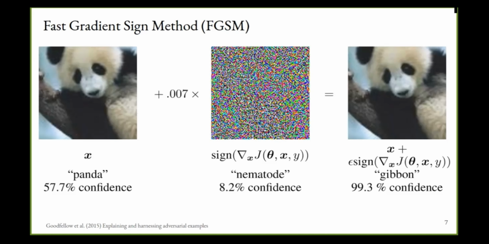But even more interesting, the normal example was classified as a panda with less than 60% confidence, while the adversarial example is now classified as a gibbon with more than 99% confidence. Not only were we able to misclassify the example, but the neural network is now even more confident in its prediction.